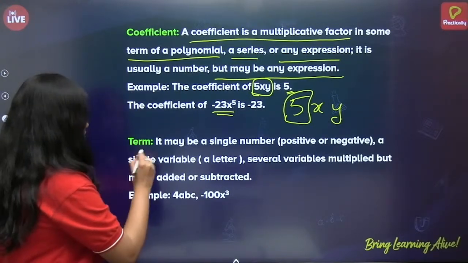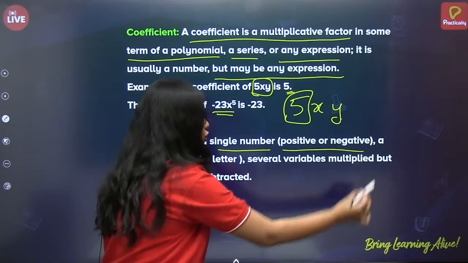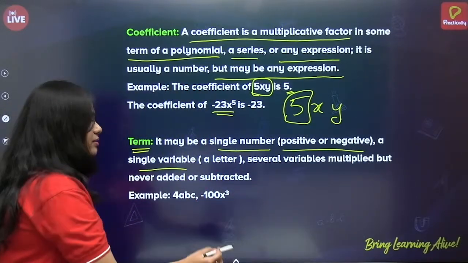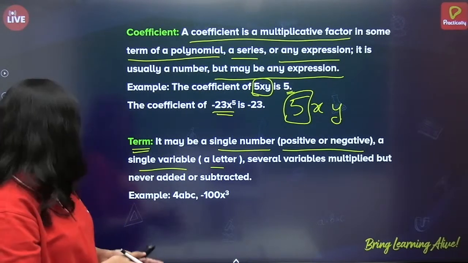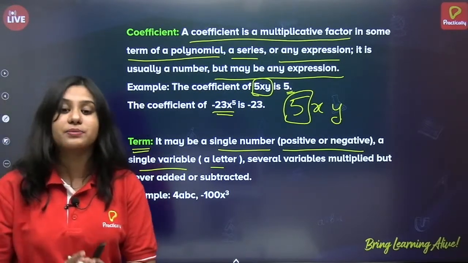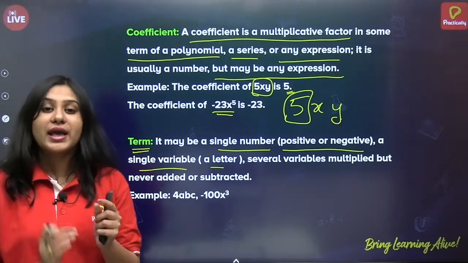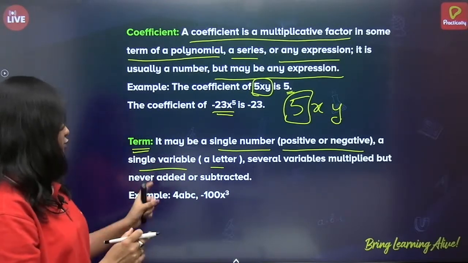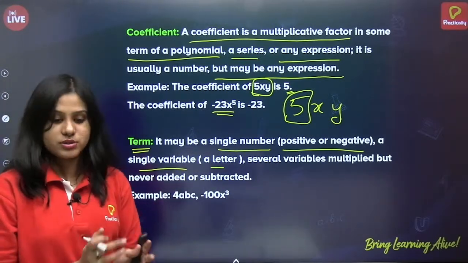Next, term. What is a term? It may be a single number, positive or negative, a single variable, a letter, or several variables multiplied but never added or subtracted. So always remember, there shouldn't be any mathematical operator like plus or minus in a term, okay?